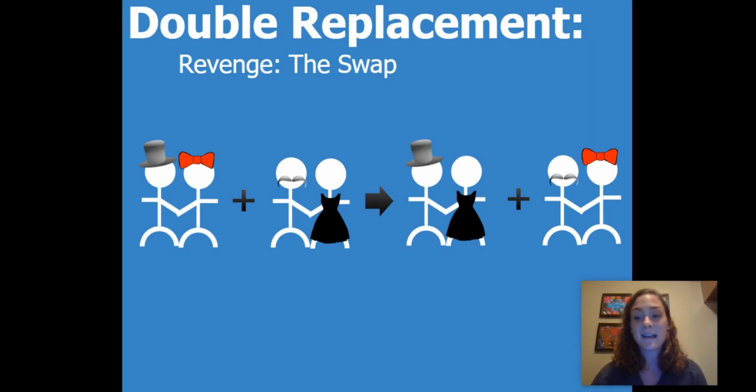Black Dress is dating Mustache Man. And Top Hat and Black Dress get together because Top Hat sees Little Black Dress out by herself that night. And then in order to get revenge, Little Red Bow decides to date Little Black Dress's boyfriend. So, if you look at this more carefully, Little Black Dress and Red Bow swapped places.